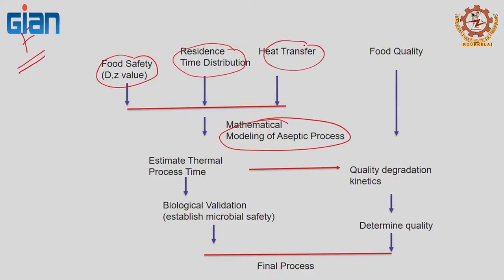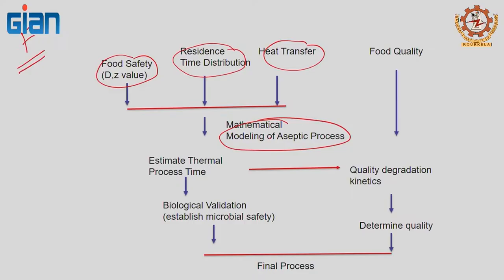We also need to know the heat transfer. What is the heat transfer from the heating medium to the liquid? What is the heat transfer from the liquid to your solid? Maybe you have some carrots, some potato, or other meat products in your soup. So, what type of heat transfer is taking place?